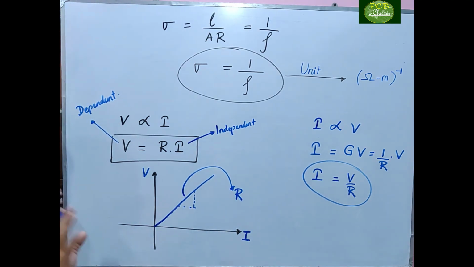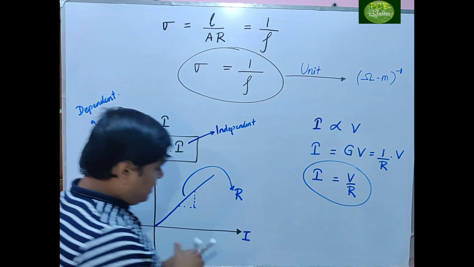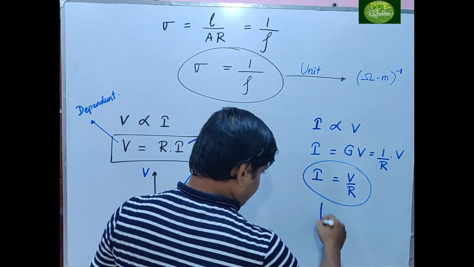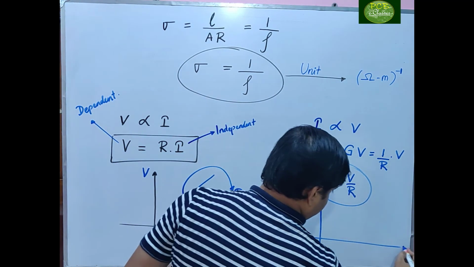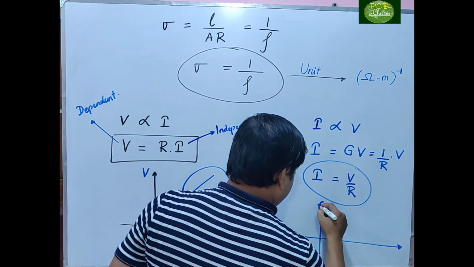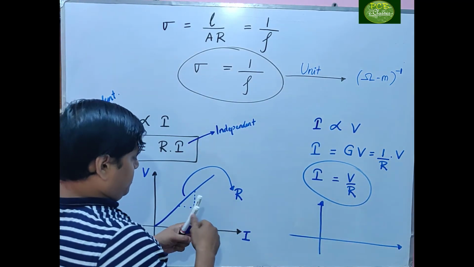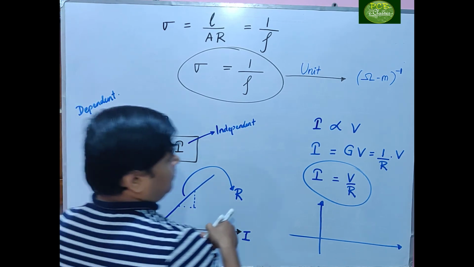What is its slope? Its slope will be R. Fine. If I draw the other VI characteristic, which one is dependent and which is independent?